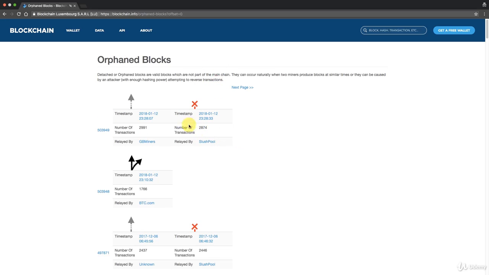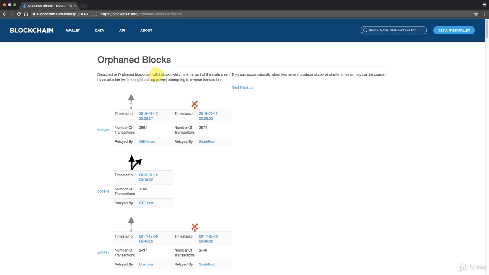So the nodes in the network which are close to Slush Pool will have been relayed this block. Nodes in the network that are close to GB miners will have been relayed this block. And so we have two competing chains at the same time. And what happens from there is, remember the golden rule, the longest chain wins.